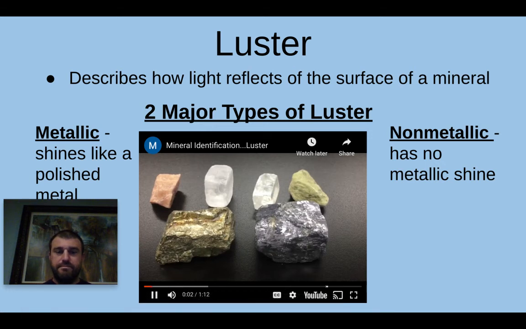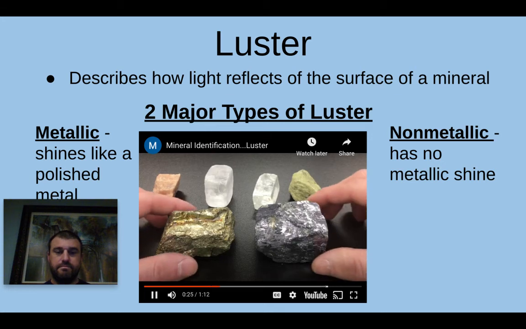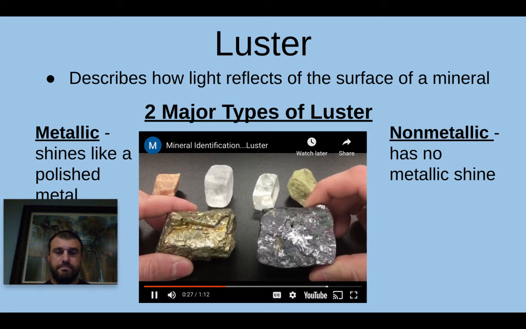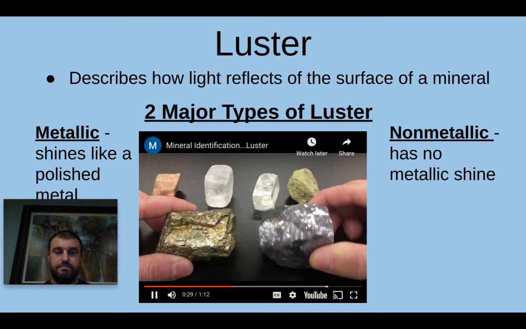When identifying a mineral, one of the properties that is most easily seen is luster. Luster is the way in which a mineral reflects light. We're going to break this down into two separate categories: metallic luster and non-metallic luster. If a mineral has a metallic luster, that means it looks like a piece of metal.